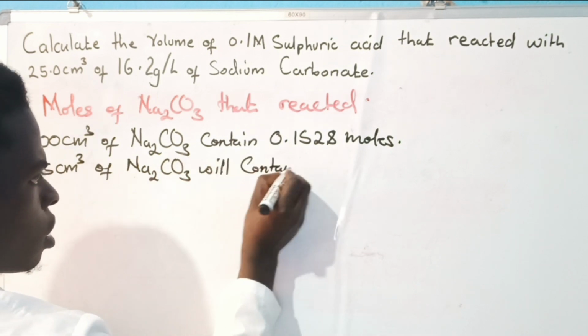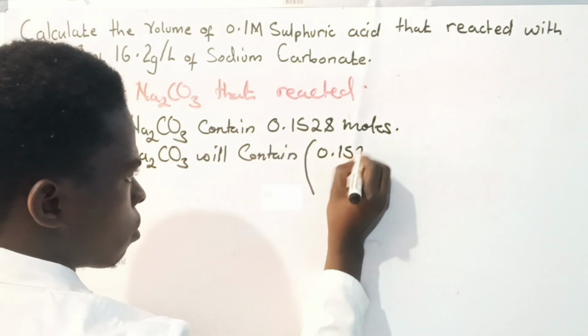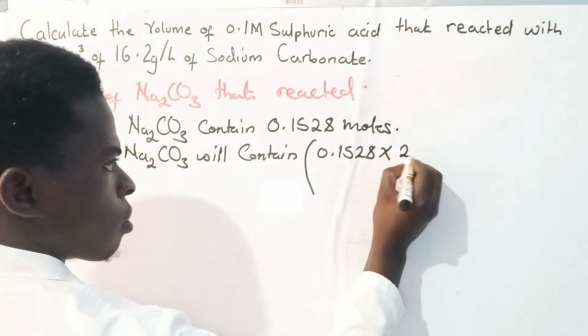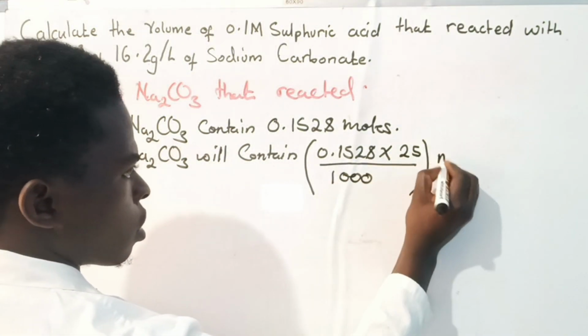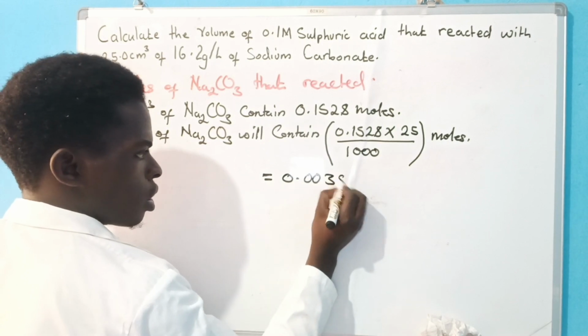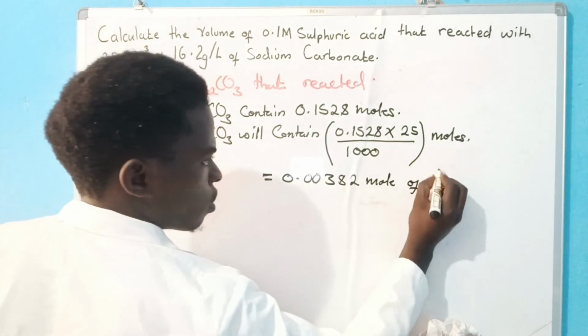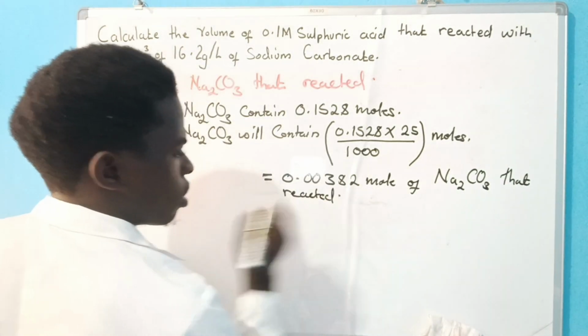It will contain 0.1528 times 25 over 1,000. These are moles, giving 0.00382 moles of sodium carbonate that reacted.